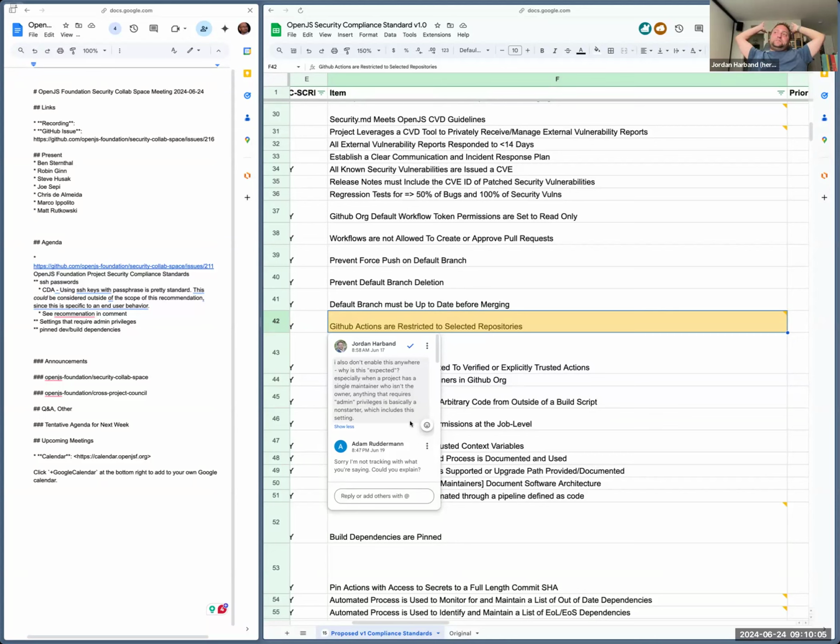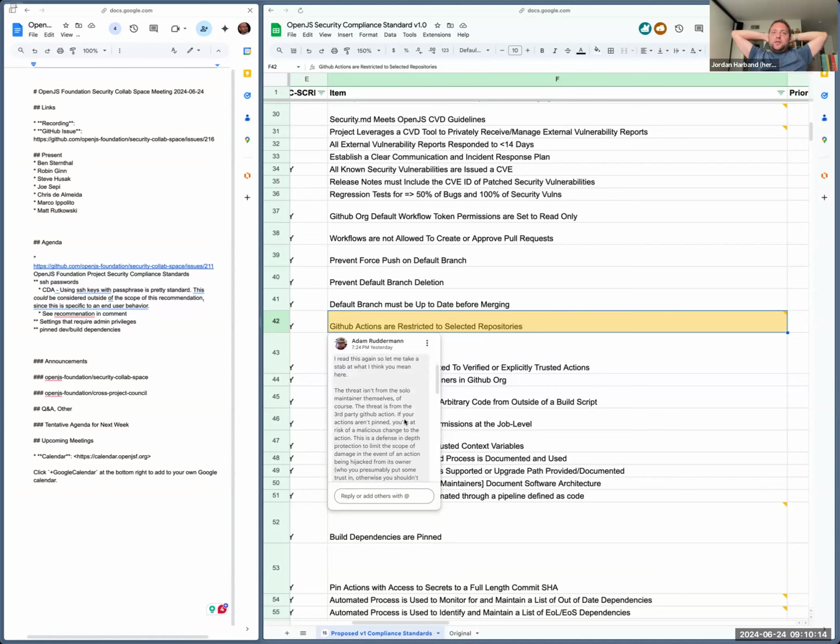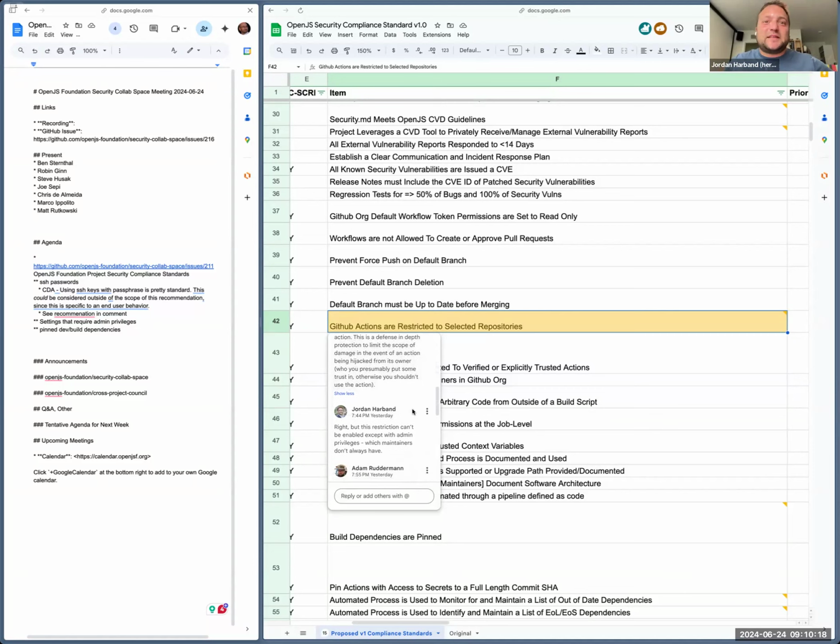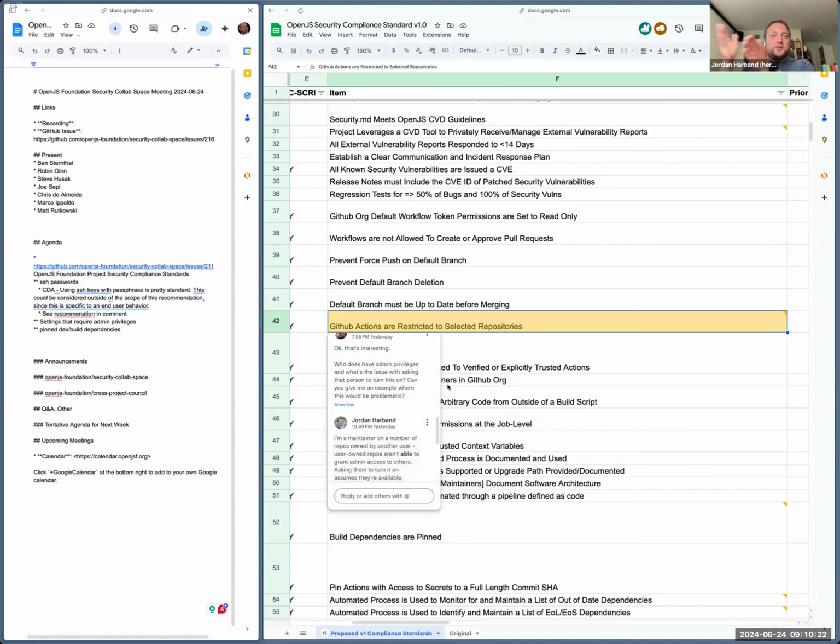Conceptually, the set of GitHub Actions I have chosen is the set that is selected. And if I, with write access, add in another one, then I have just increased the set.